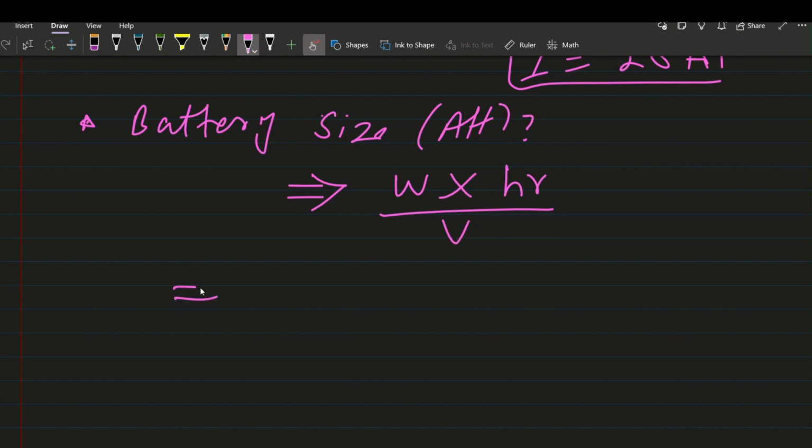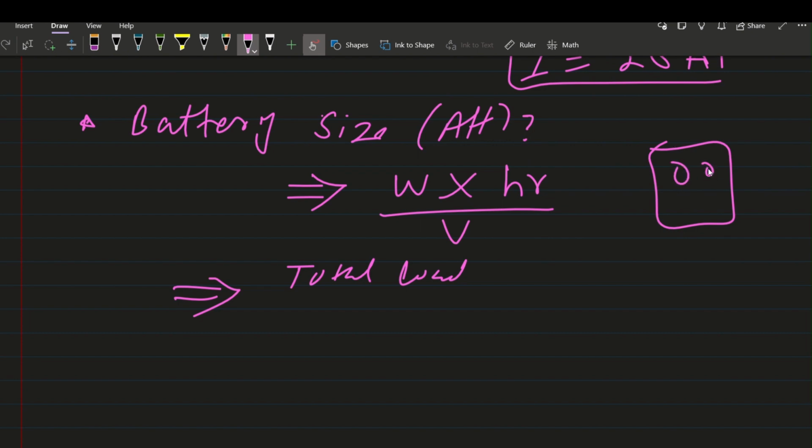If I explain further, W is the total load, for example the total load of your home's appliances: these 2 bulbs, these 2 fans, and this tube light.